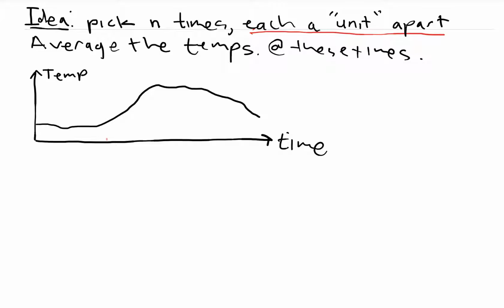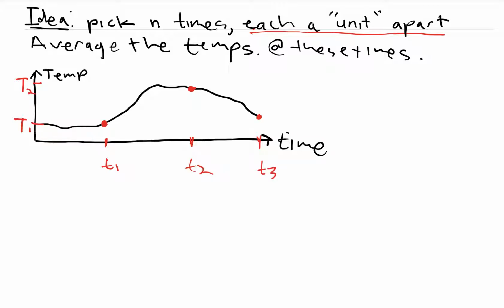Let's say I pick T1, T2, and T3. I only did 3 because I don't want to clutter up my diagram, but look at the temperatures that happen at these times.